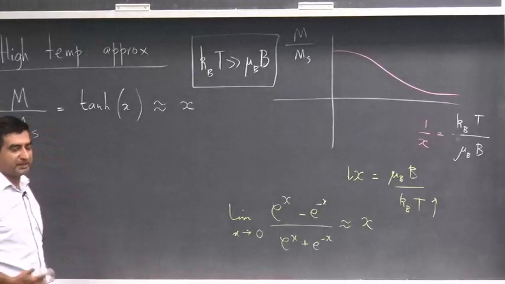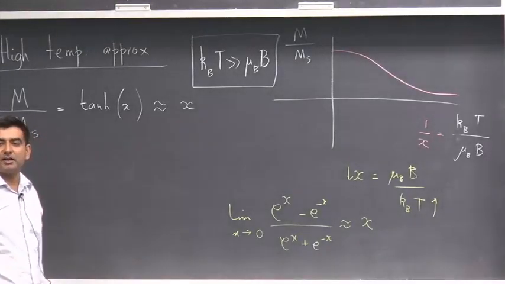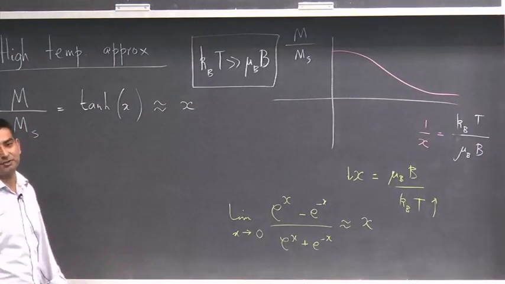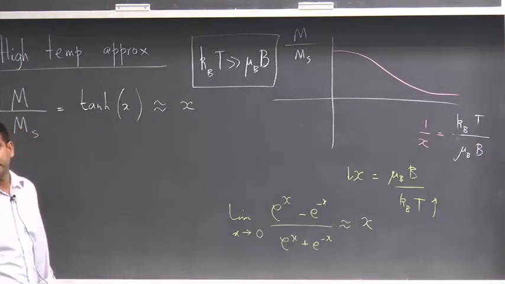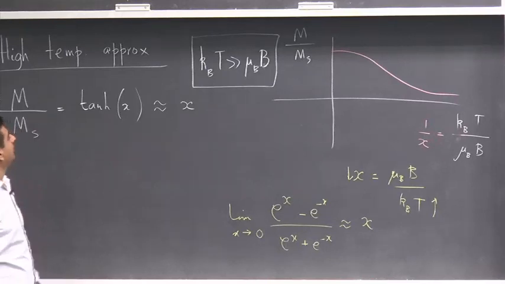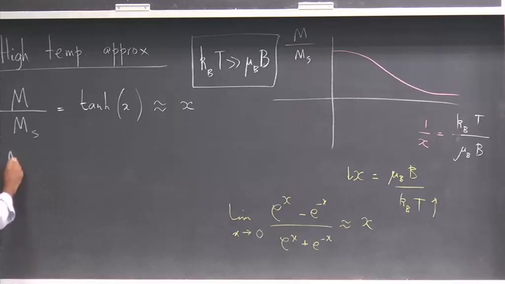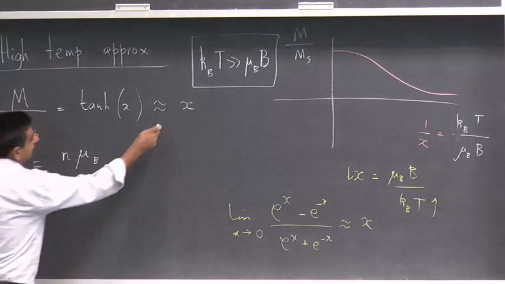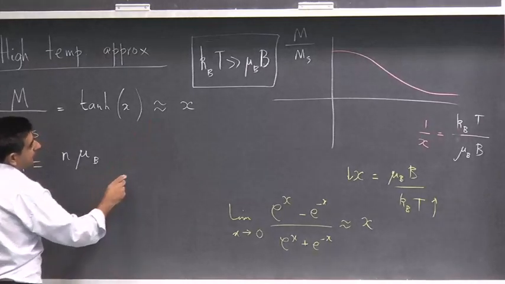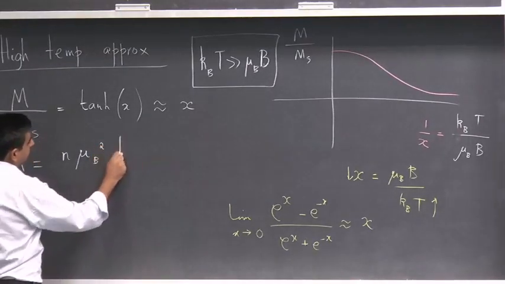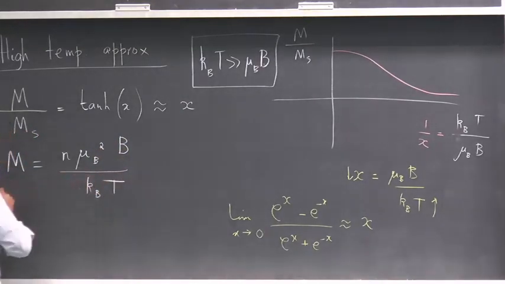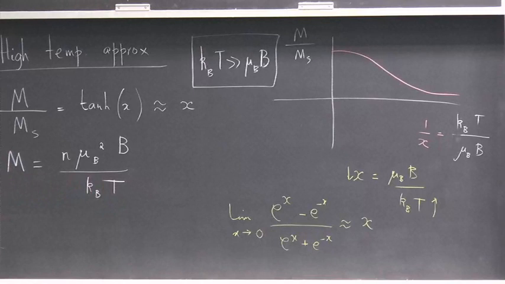Whenever you use small and large in physics, you have to qualify the statement. What is meant by small? What is meant by large? There's no absolute small or absolute large. You all know that. So, in this approximation, M over Ms is x, which means that M equals N mu B times x. You get this, right? In the high temperature approximation.